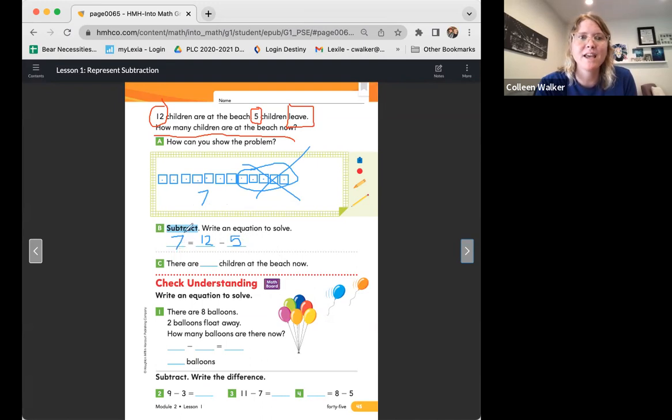So the difference, the answer, 7 equals 12 minus 5. Another way we could have written that would be 12 minus 5 equals 7. Do you see how the difference, which is the answer to a subtraction problem, could be on this side or this side, either way.